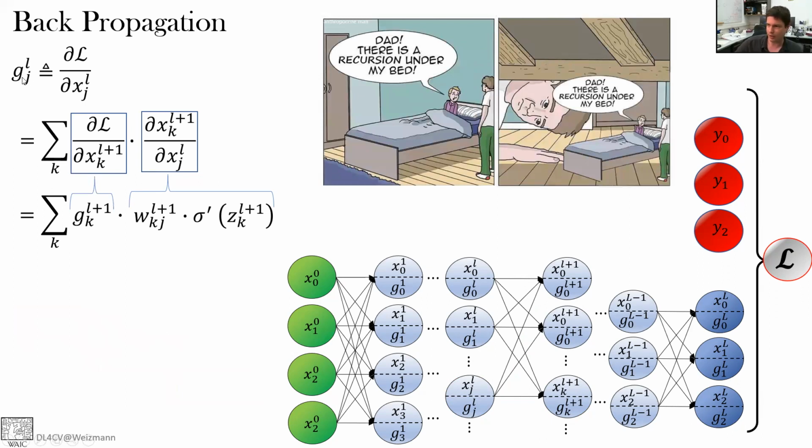So we were able now to connect G of L, J, with G, K, L plus 1, okay? And as you can probably figure out, this is a sort of recursive connection. So we're now able to express G using G's from the layer that was one step closer to the output.